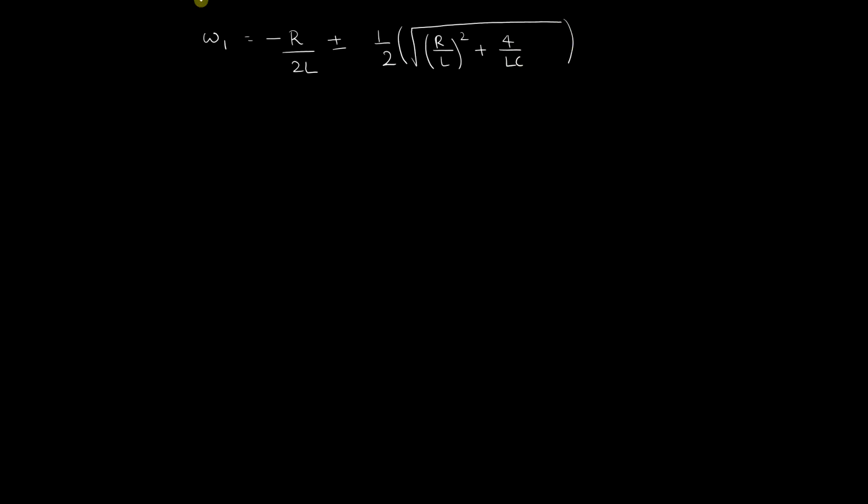Now if you see this term, this is R by 2L and this is R by L. So bring this 1 by 2 inside. When you bring this inside, this is equivalent to 1 by 4. So I can write this as minus R by 2L plus or minus square root of 1 by 4 into R by L the whole square plus 1 by 4 into 4 by LC.